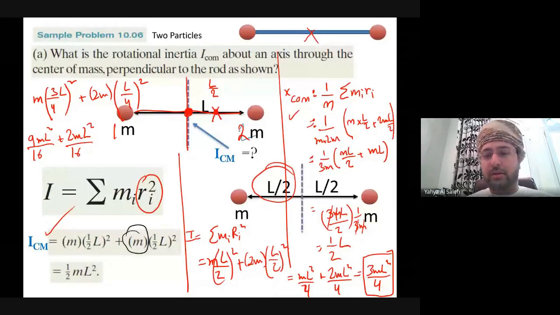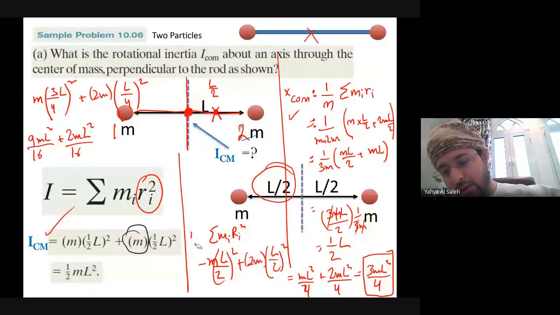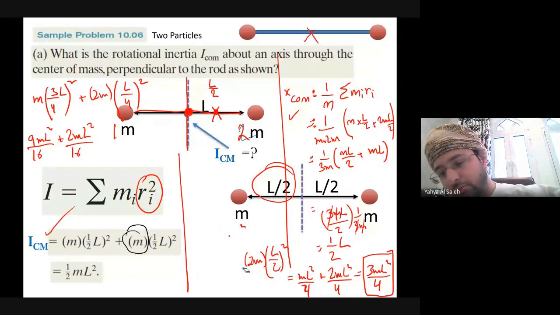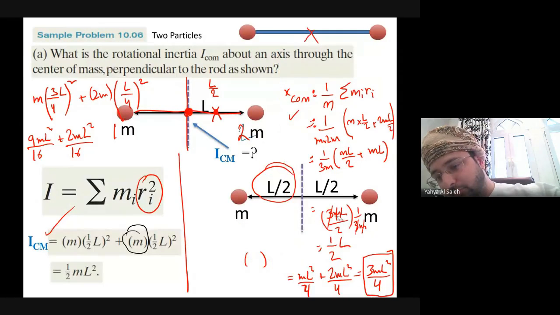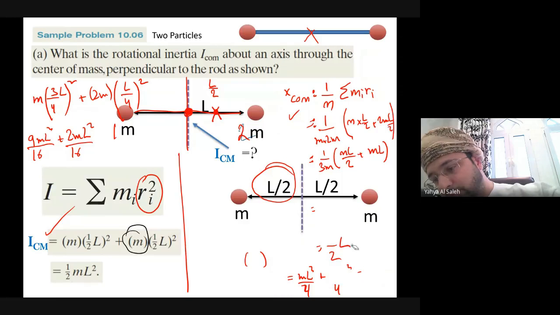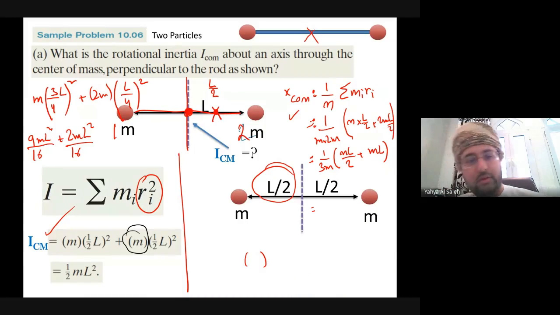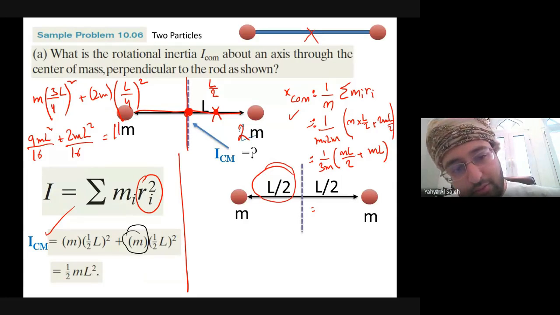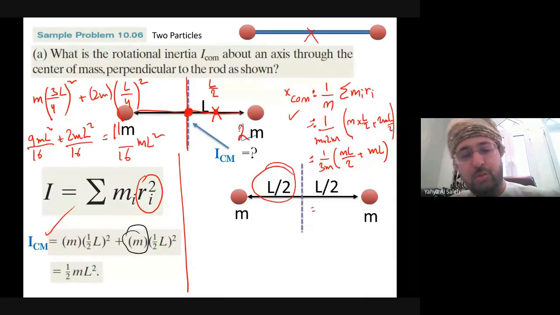Yep, you are correct. I am wrong. I cannot use all of this. My bad. I will get this, which would be 11 over 16 mL squared.